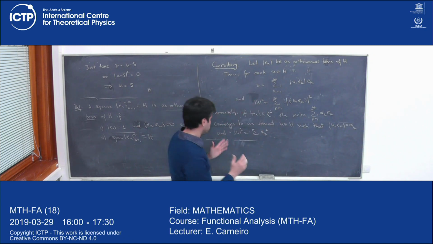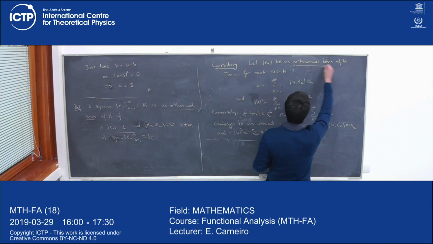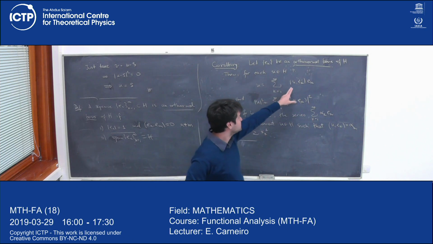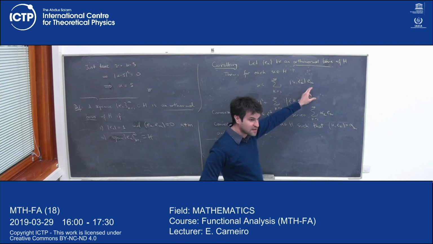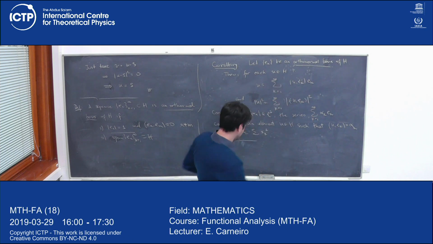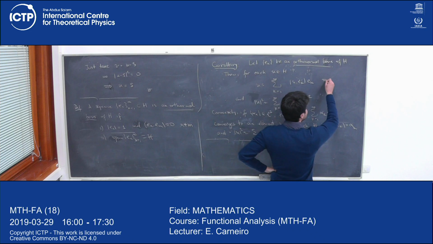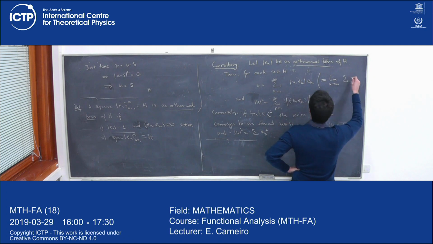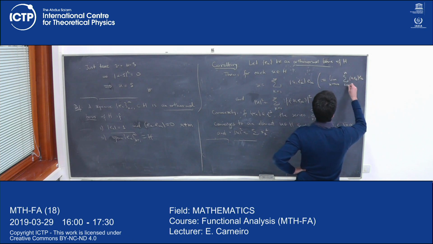So if I have an orthonormal basis, any u in the Hilbert space can be decomposed in this basis. It's the sum of (u, e_k) times e_k from 1 to infinity, meaning that this is actually, don't forget, equal to the limit when n goes to infinity of the sum of (u, e_k) e_k, k from 1 to n.